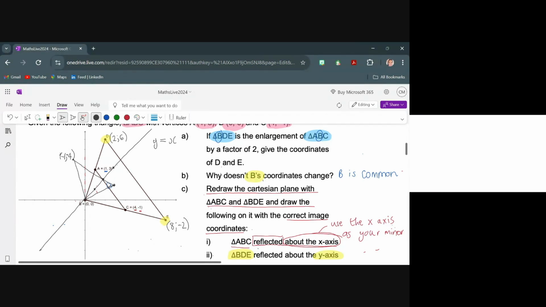And my y value is now my x value, so 6. 1, 2, 3, 4, 5, 6. There we go. 6, 2, which is thereabouts there. So my new coordinate for D prime is 6 and 2.